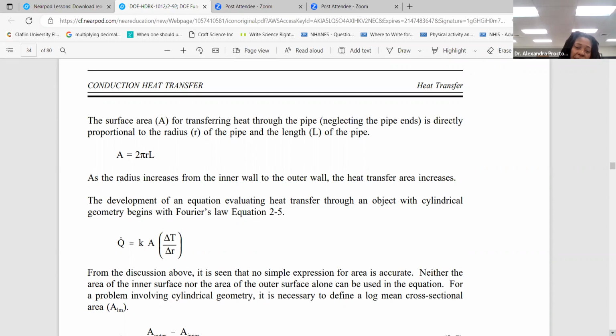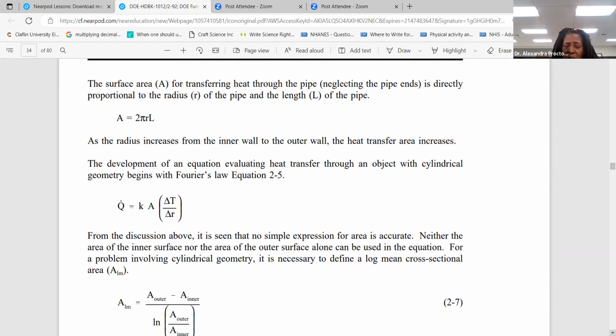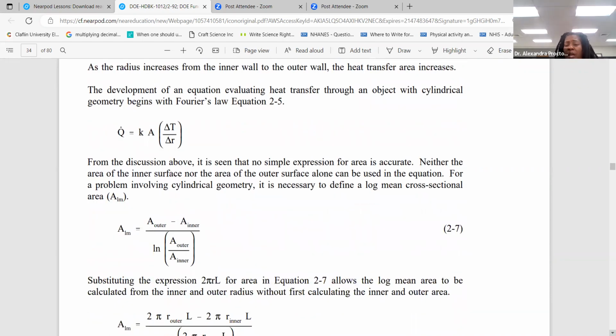And for a problem involving cylindrical geometry, it's necessary to define the log mean cross-sectional area. Okay, so they're having to log transform the cross-sectional area. So A sub LM is equal to A outer minus A inner divided by the natural log of A outer over A inner.